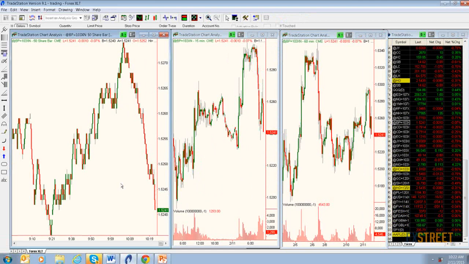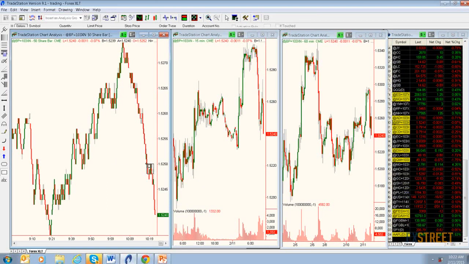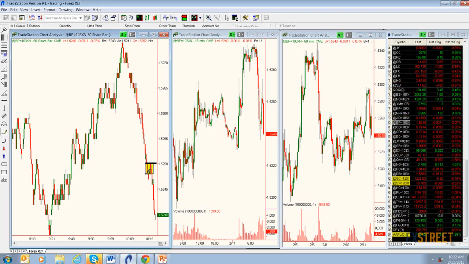Okay. We do have some supply sitting just above here in case we do get a retracement. Let's just make sure we get that in. And again, you're looking at a volume chart here on the left. See how this little level here doesn't show up, obviously, because these are bigger time frames over here.